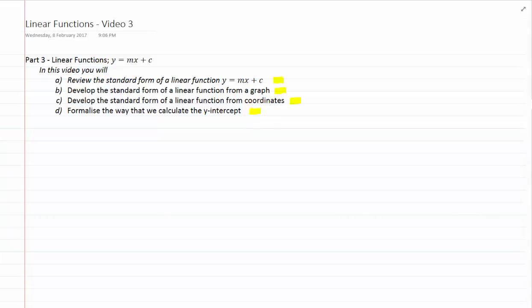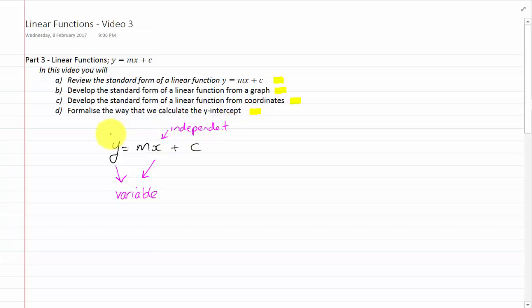So let's first of all have a look at the standard form, y equals mx plus c. First of all, I just want to point out that y and x are our variables, and this is a relationship between these two variables. X is the independent variable and y is the dependent variable.